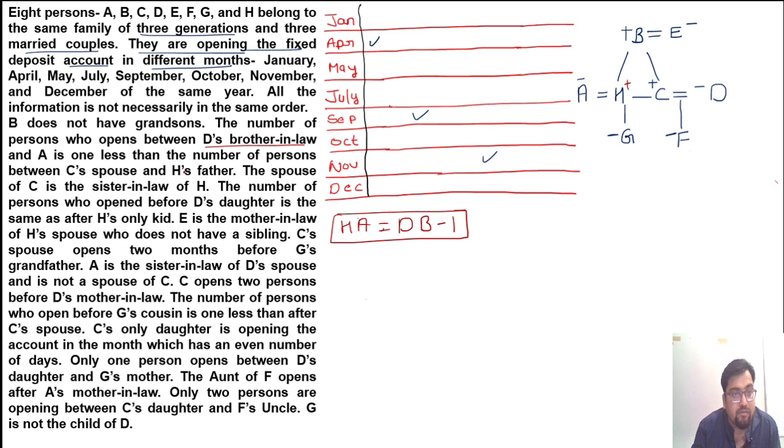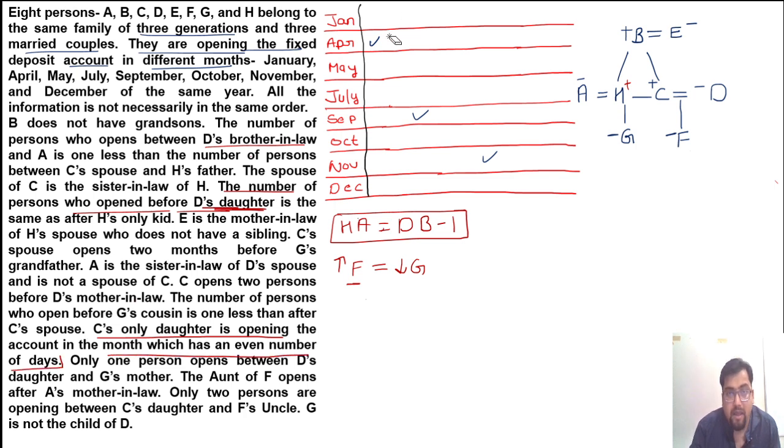Okay, now read it further. The spouse of C is a sister-in-law. Leave it. The number of persons who opened before D's daughter, that means F, is the same as after H's only kid, that is after G. We don't know where F is, but from the very last line we clearly know that C's only daughter opens the account in a month with an even number of days.